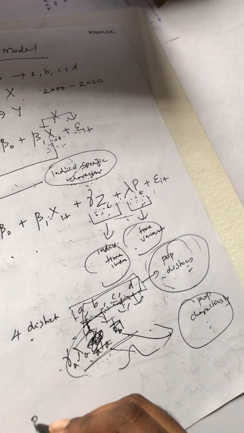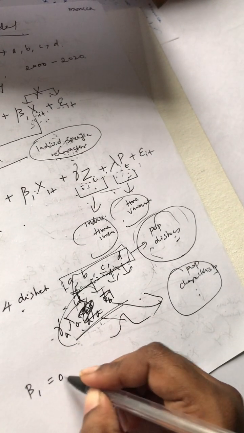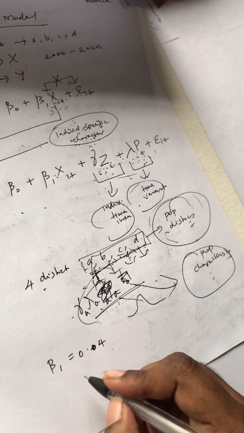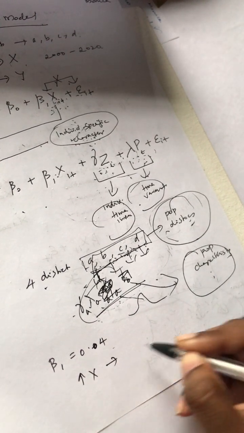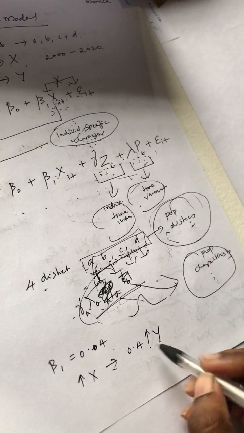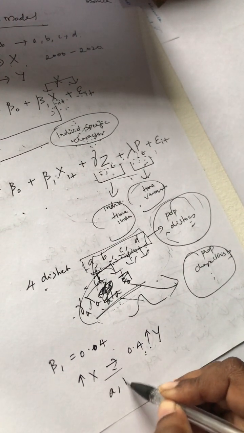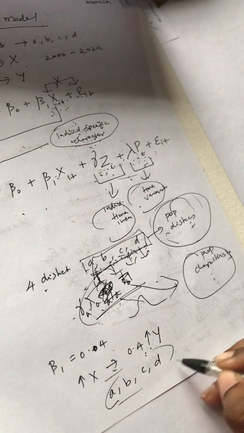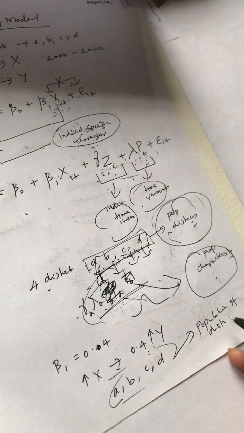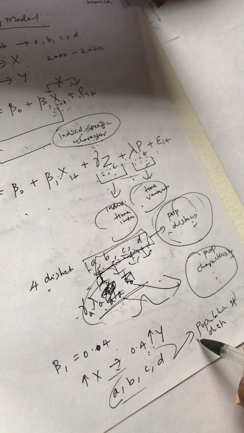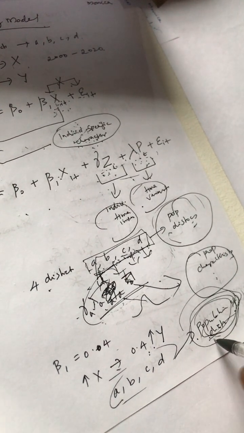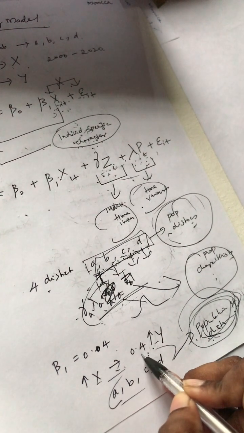So we get the beta 1 value, say beta 1 is 0.4. In this case, we say that a 1 unit increase in X leads to a 0.4 unit increase in Y. And this is applicable not just for the sample that we selected, but the entire population of districts. So we can say that the average effect across the entire population of districts is that X and Y are related in such a manner.